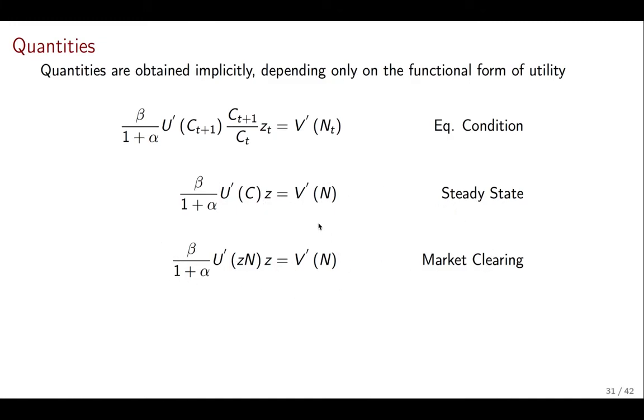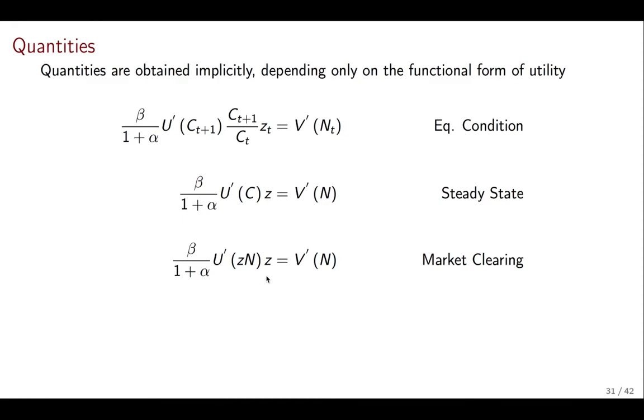And so this is a condition that precisely characterizes the equilibrium just in terms of labor. Not only that, you know that one side of the condition is decreasing on labor and the other side is increasing. Why is that? Because the cost of working more is increasing the more you work. This side here is increasing. The more you work, the more consumption you get, and the less marginal utility that implies. So this side here is decreasing.